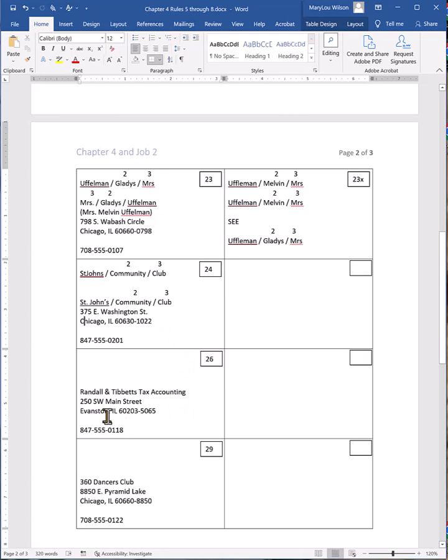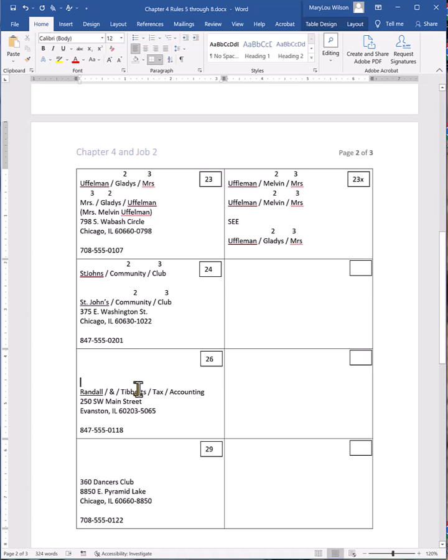Let's look at number 26. This is an example of a compound business name, Randall and Tibbetts, and we've had one of these before. So let's code this business Randall, with a slash in between each of the units, and then the first word is our key unit.